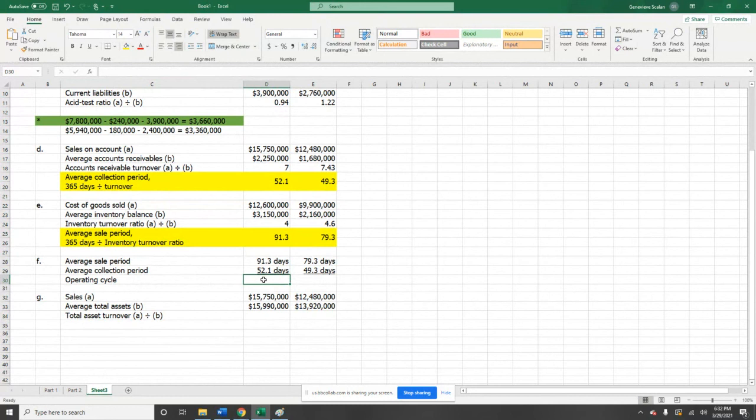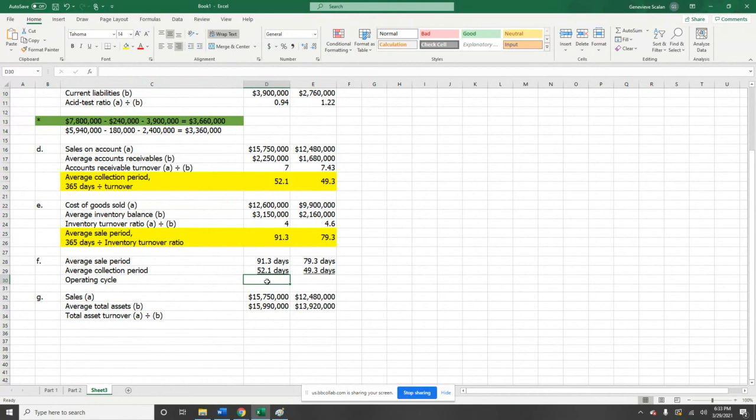So in other words, from the time I purchase some inventory through the time I get it paid for by my customers, how long is that? So I add my sale period plus my collection period, right? So from the time I get that inventory to the time it gets paid for, how long is that?